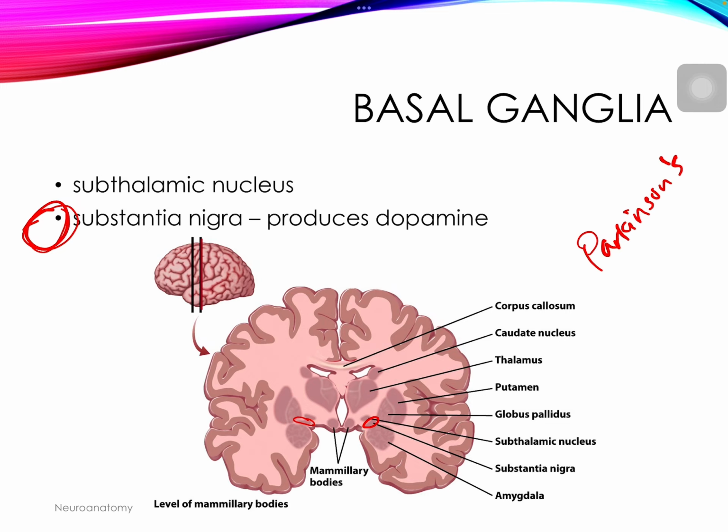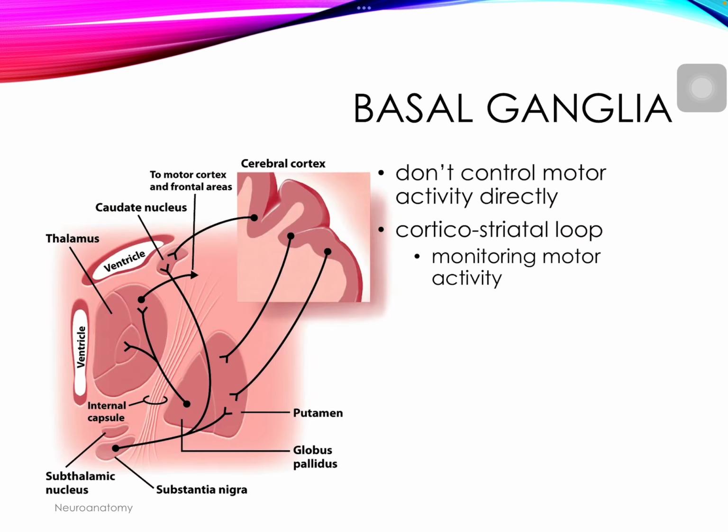That's a specific pathway, and so that's really important as one of the specific dopamine pathways. And in a person that has Parkinson's disease, those dopaminergic neurons are no longer working properly. And you can actually see that the coloration is lighter in a person with Parkinson's as compared to a neurotypical brain.